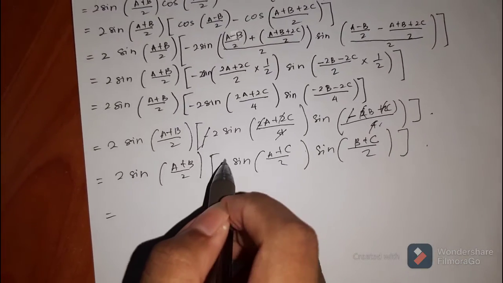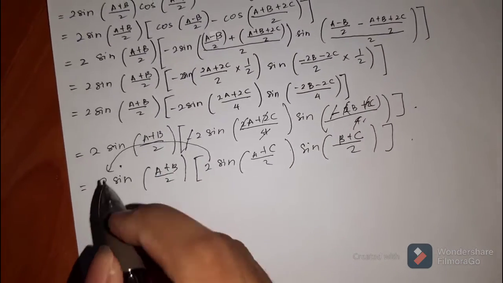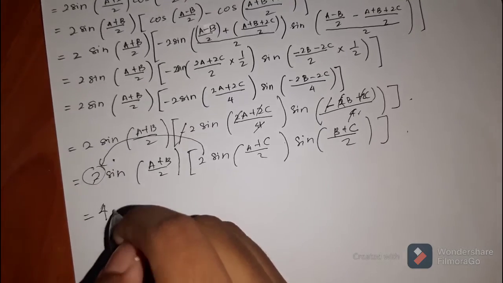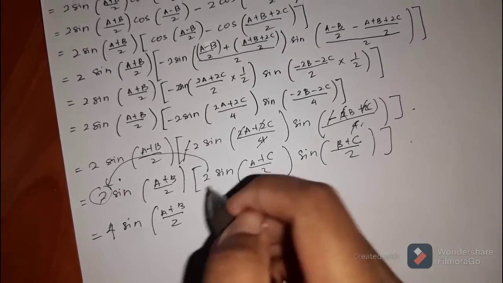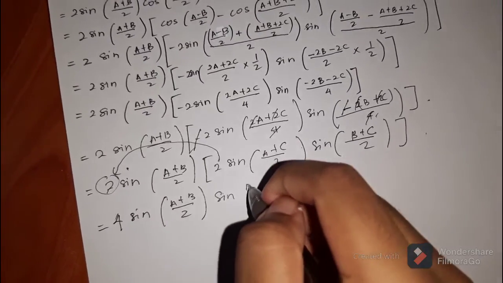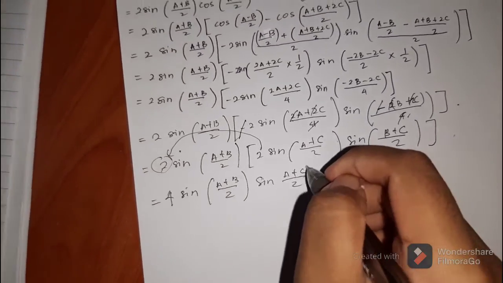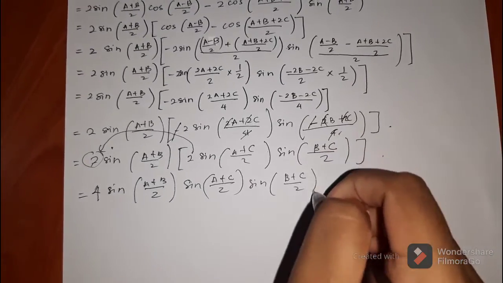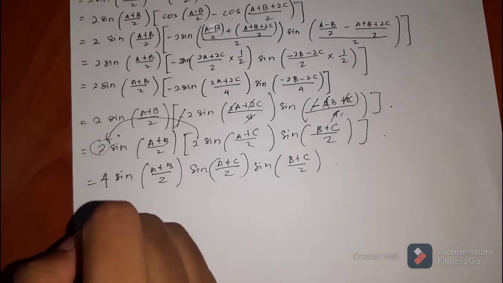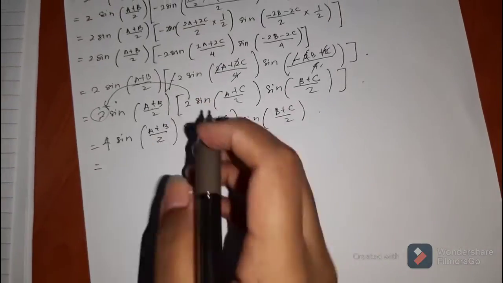Next step, we have to bring out these 2 and times it with these 2 in front here, so we'll get 4 sine a plus b over 2, sine a plus c over 2, sine b plus c over 2. So for the final step, we have to rearrange it according to the question to prove it.